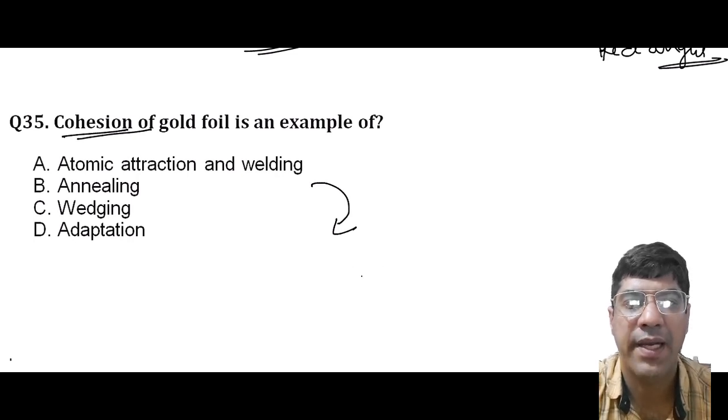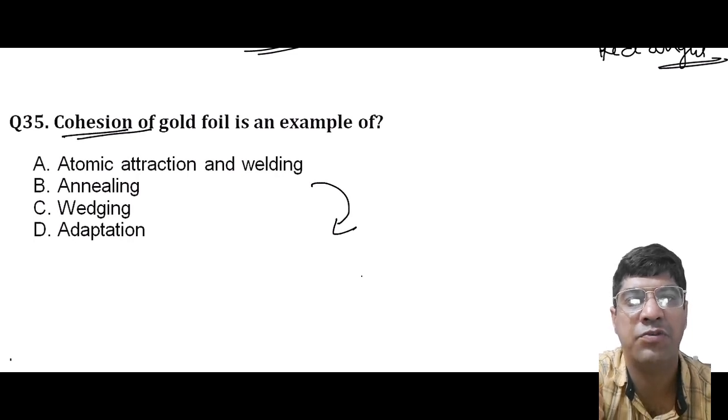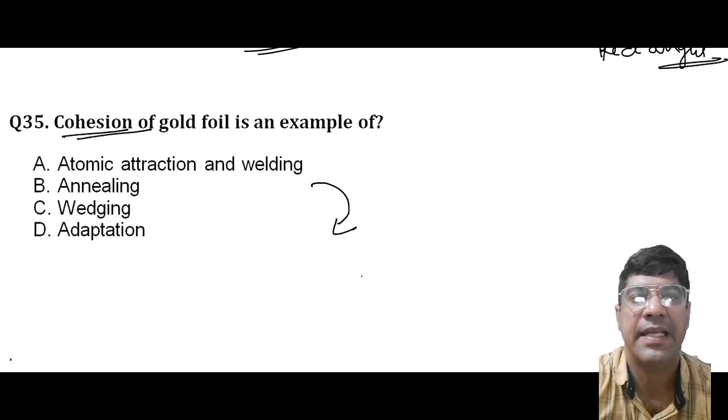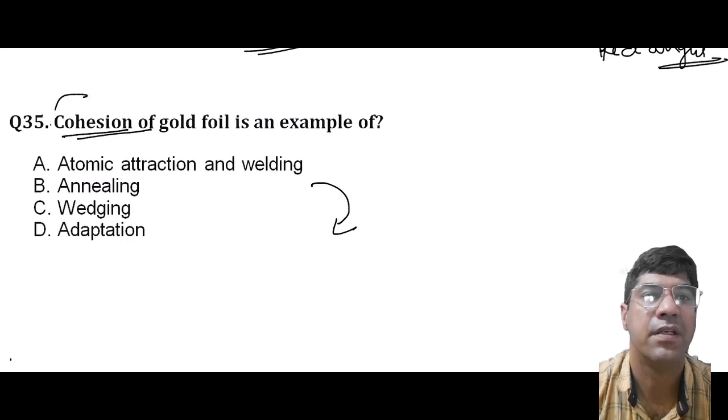The gold foil is composed of gold atoms which are closely packed, so these gold atoms have strong atomic attractions with each other. That is why they remain cohesive.